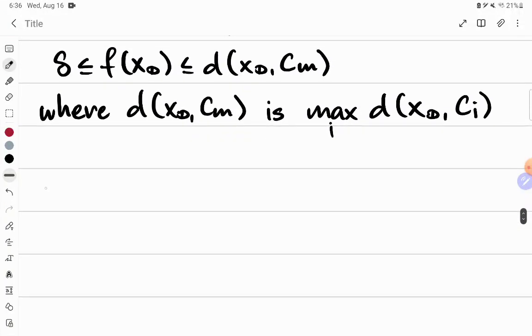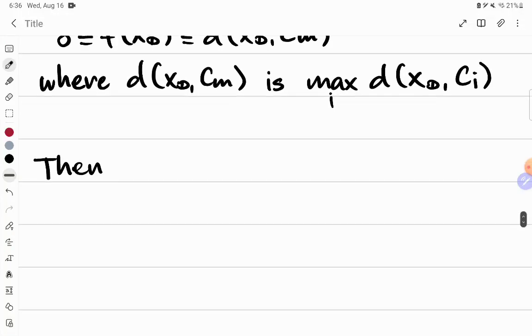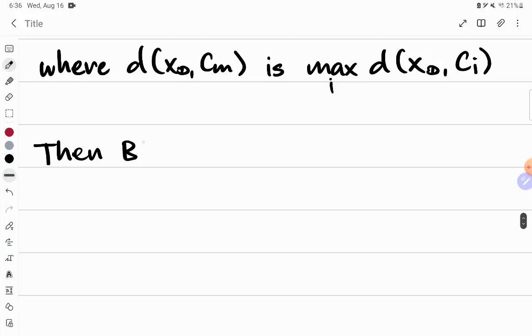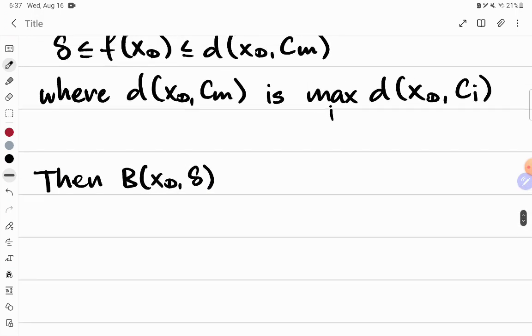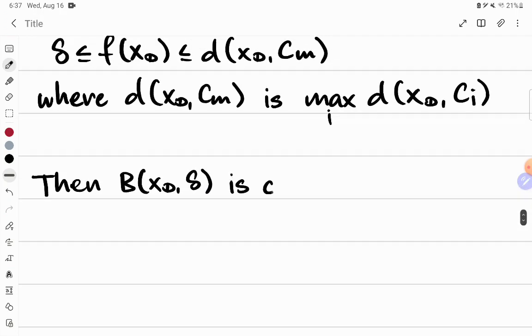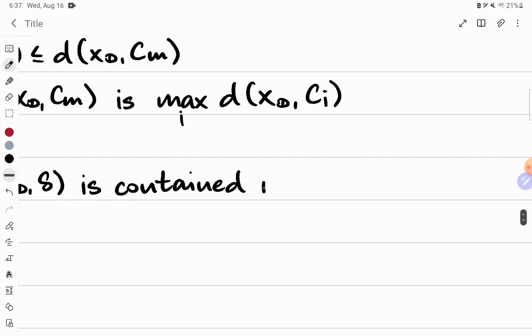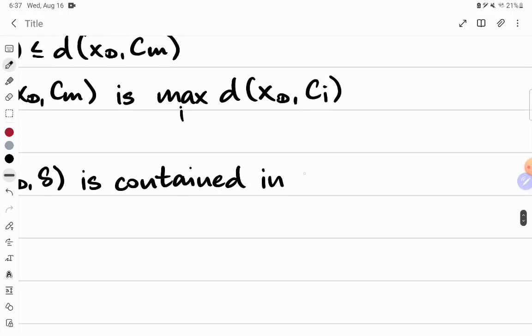And what does this show? Then the delta neighborhood centered at x naught is contained in U_m, which is the complement of C_m.